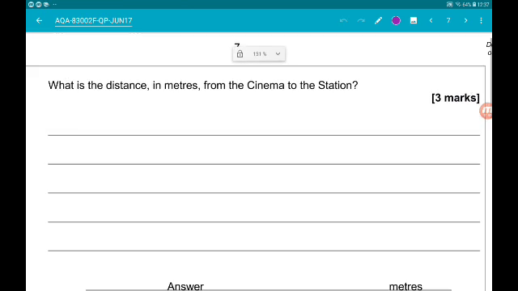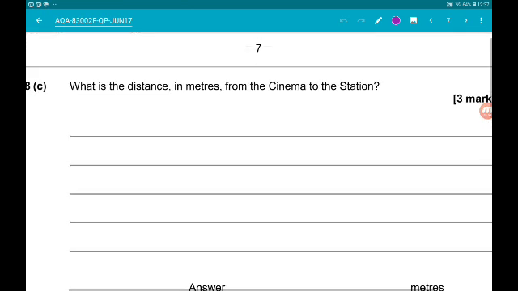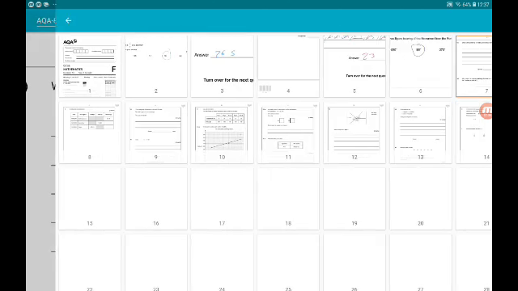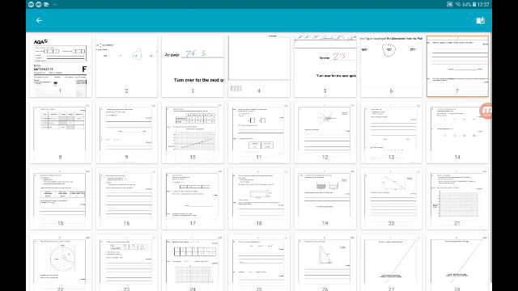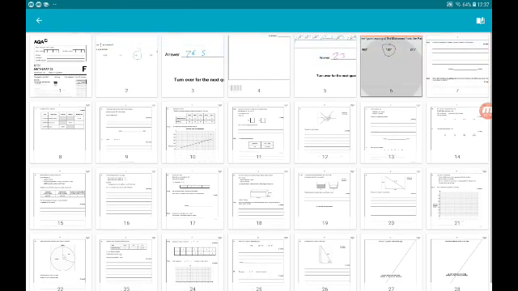Okay, then part C asks us what is the distance in meters from the cinema to the station. So, for this one, we need to not lose the page.